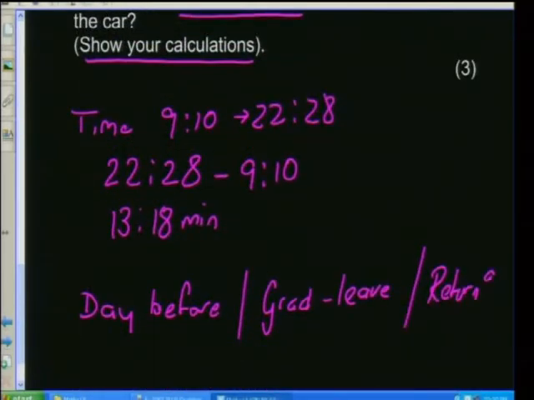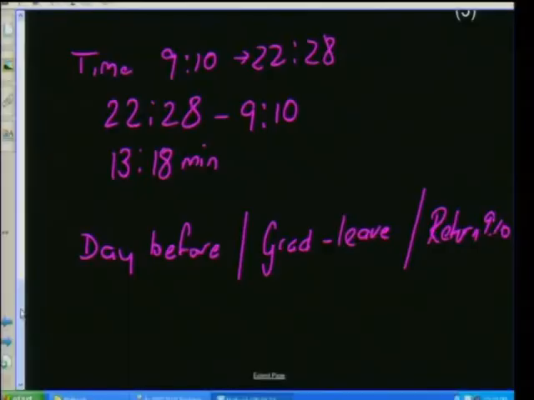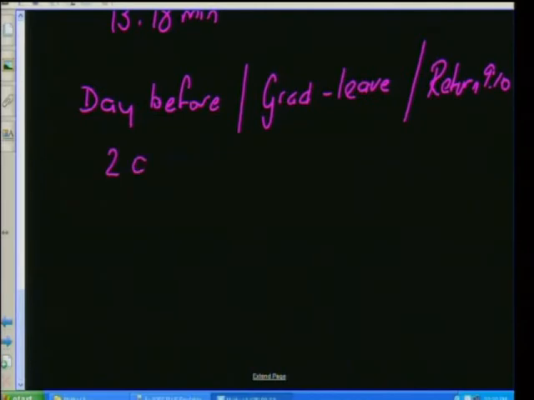So return it 9:10 in the morning on the third day. But that gives me a total of 2 days. That's what I want to look at. I want to look at saying they're going to hire the car for 2 days. So we need to see what time they need to leave Port Elizabeth to get back to Newcastle.